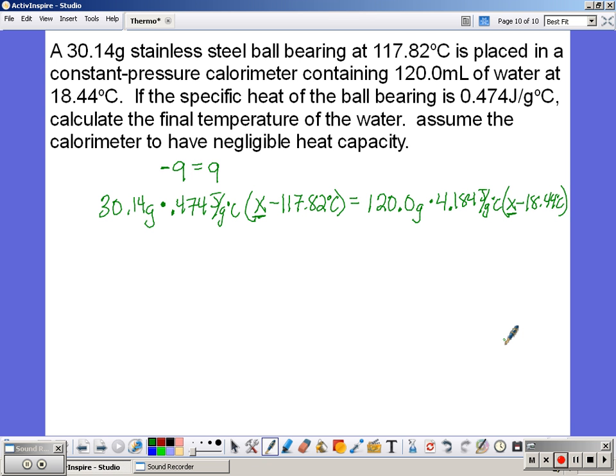So we have 14.29 times x minus 117.82 degrees Celsius, and that would be joules per Celsius, equals 502.08.